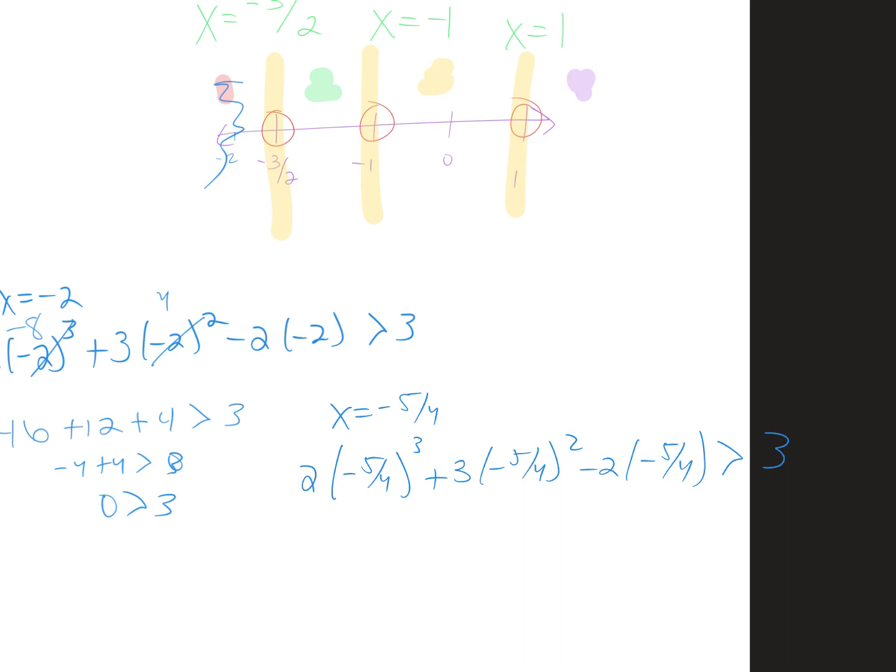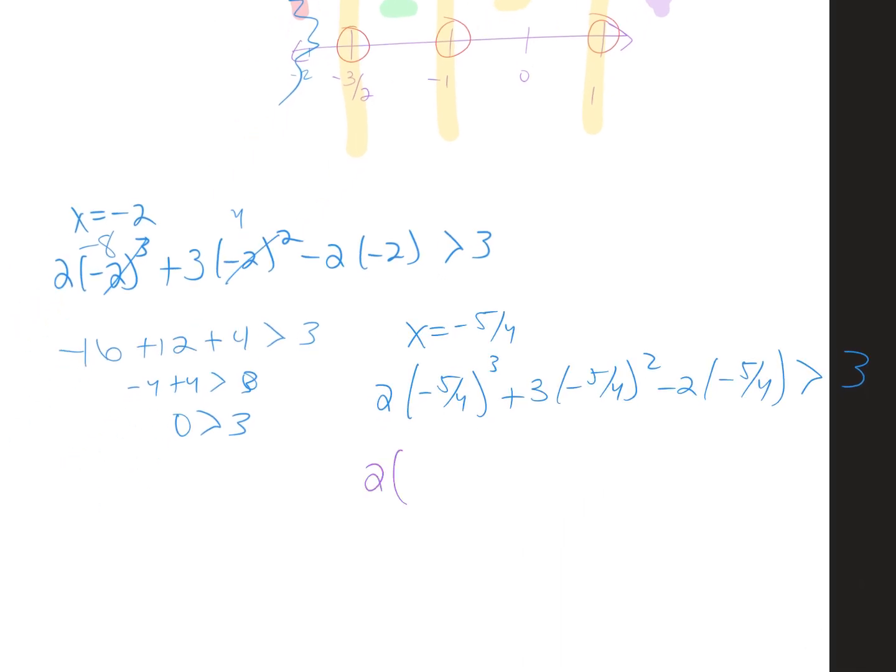As we go through and evaluate here, when I distribute this, I get 2 times -125 over 64. Here, I distribute this, I get, whoops, plus sign, plus 3 times 25 over 16. Here, a negative times a negative is a positive, so 2 times 5 is 10 over 4.